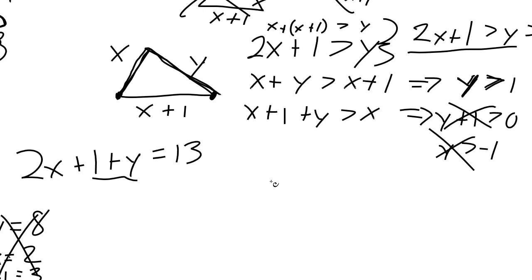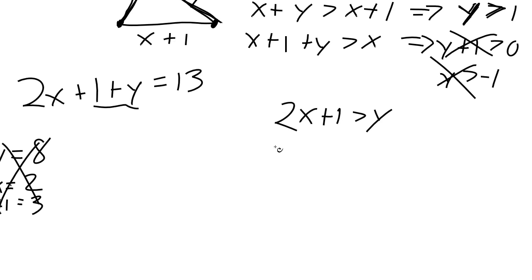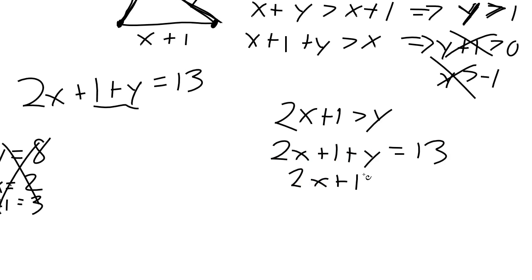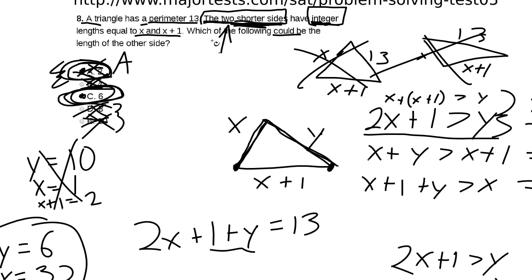Let's see, I think this is my most important inequality: 2x plus 1 is greater than y. And 2x plus 1 plus y equals 13. Y is the other side that the question is asking about, according to the way the question is phrased, which of the following could be the length of the other side. x and x plus 1 are the two that are given.